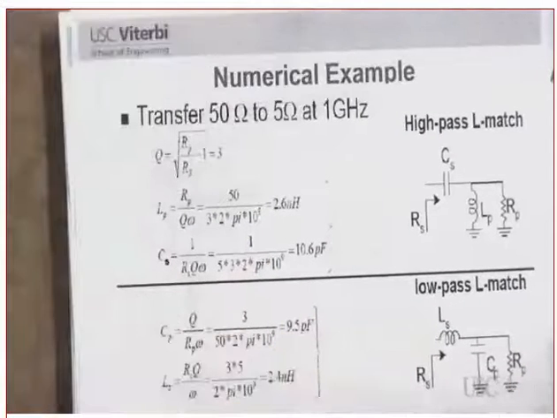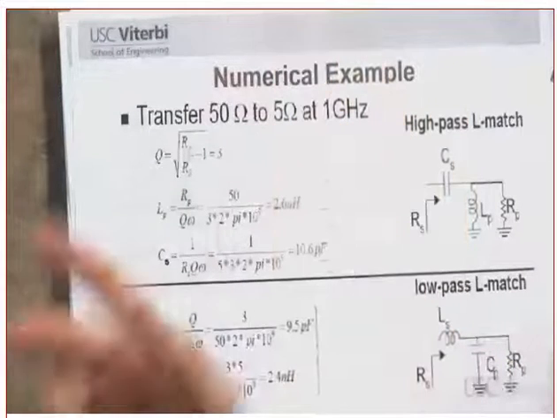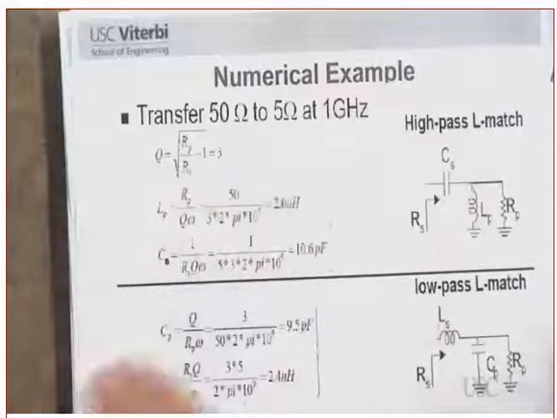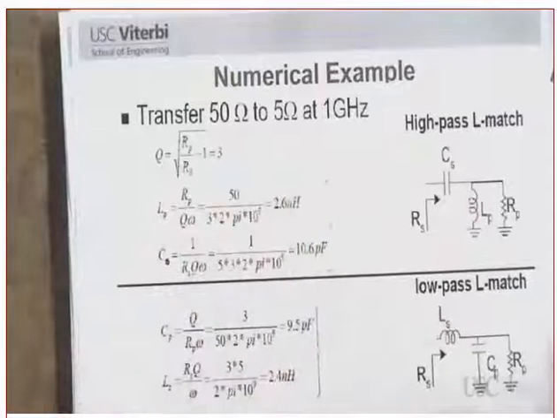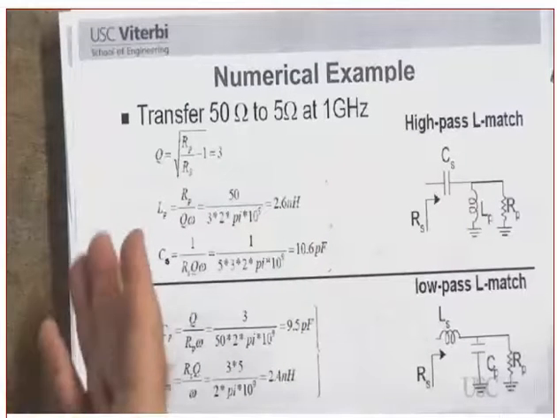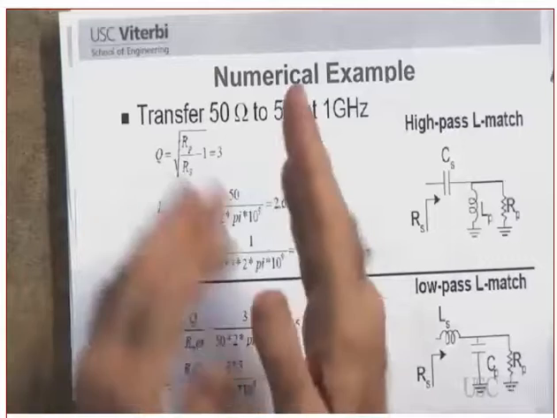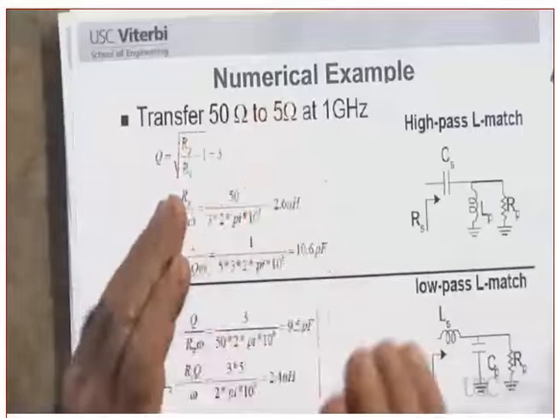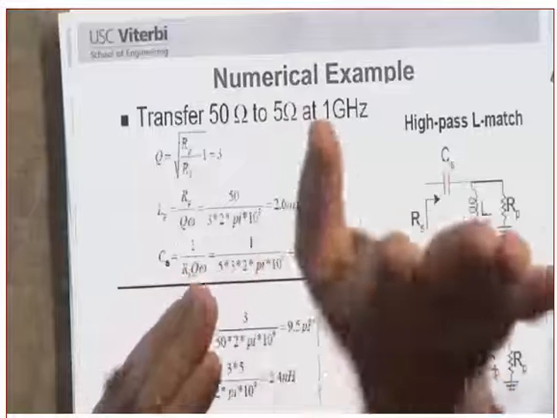Okay. Now, let me ask a question. By the way, is it the same thing here? It's the same thing, but the other way around. Are you following me or not? Instead of capacitive it is inductive, and instead of inductor, capacitive. What is the problem with this design? The problem with this design is that you have only a single degree of freedom.